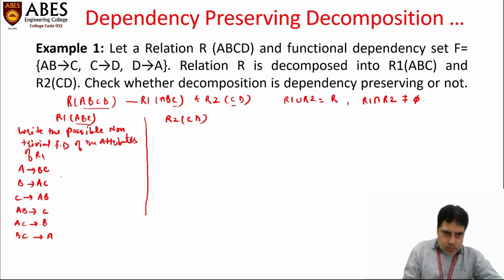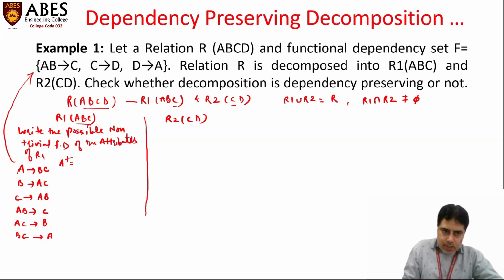Now we have to take the attribute closure of the left-hand side from the original functional dependencies that relation R holds. So these are the functional dependencies. Now take the attribute closure from the original functional dependencies.